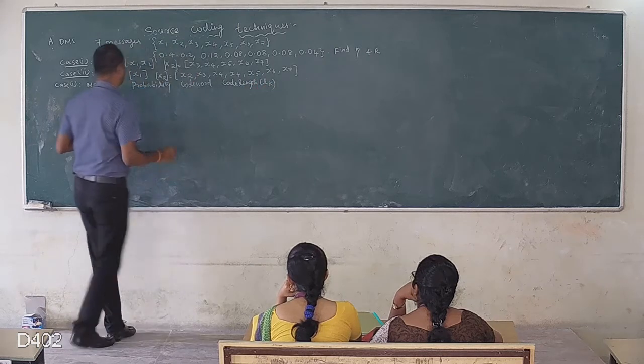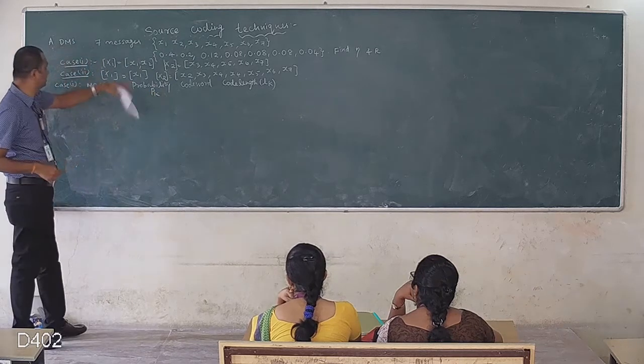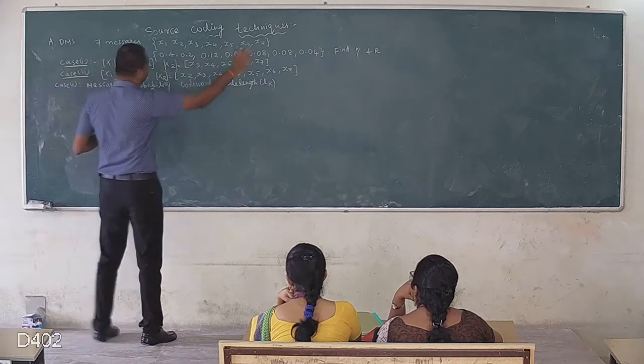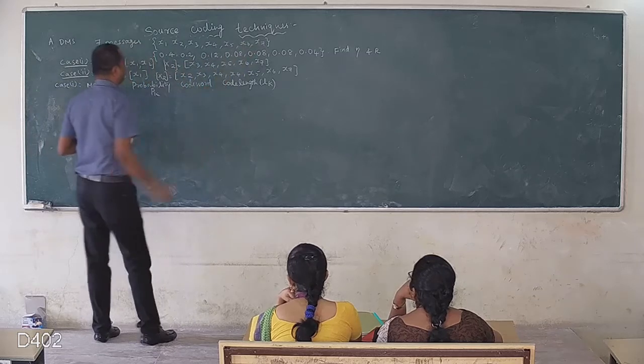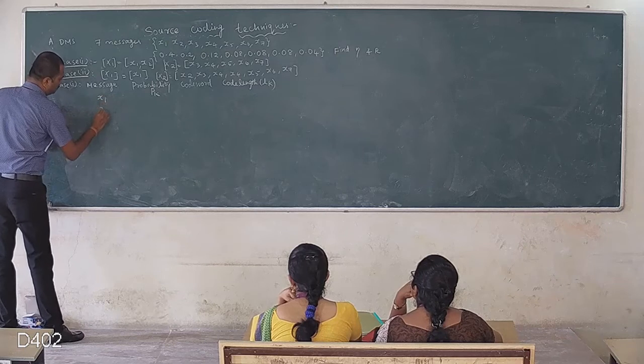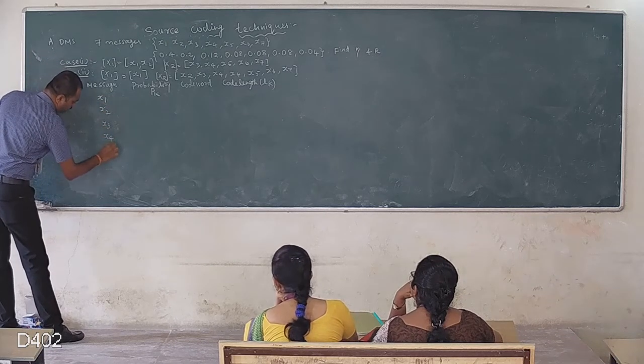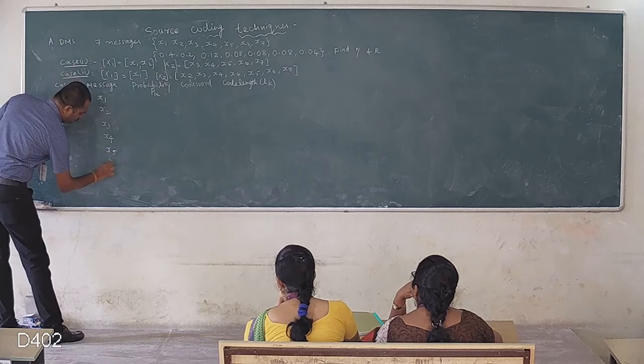Code length is LK, probability is PK. So first we have to write the messages in descending order. I think it is in descending order, 0.4, 0.2, yeah, it is in descending order. So I write x1 first, followed by x2, x3, x4, x5, x6, x7.